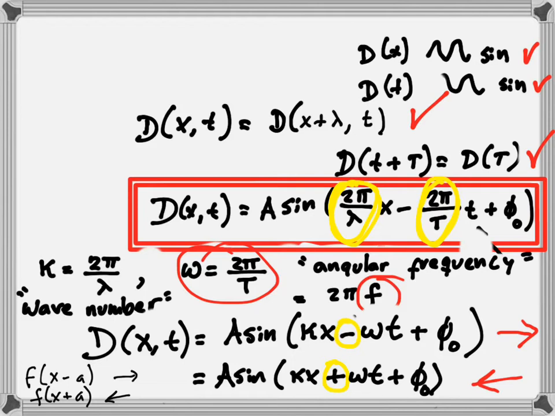And if you add a to the argument of a function, you're moving the function to the left by a distance a. So the minus omega t is moving the traveling wave to the right, and the plus omega t is related to the wave moving to the left.